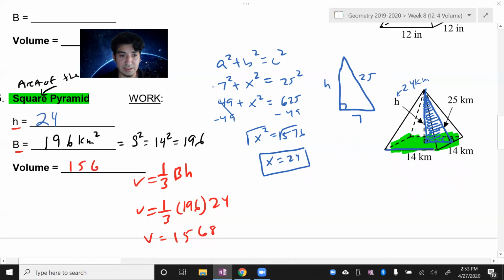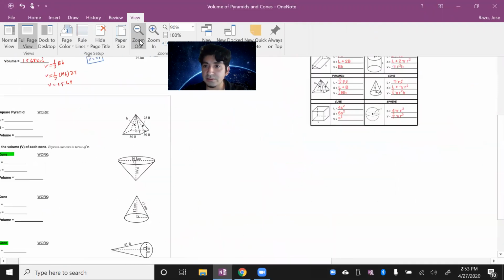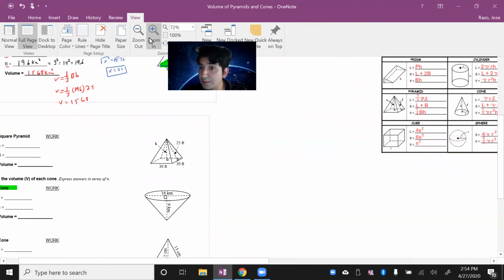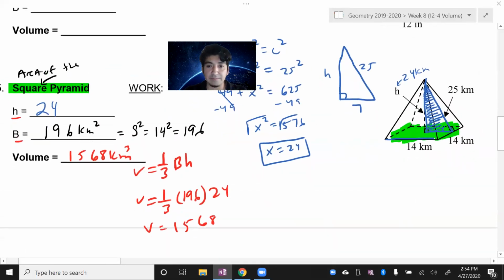So 1568 kilometers cubed. That's how much space it occupies inside. Okay, so let's keep going.